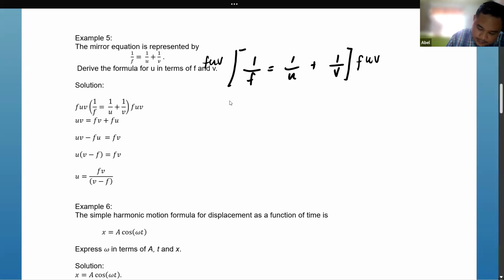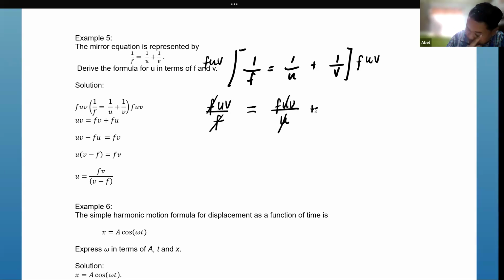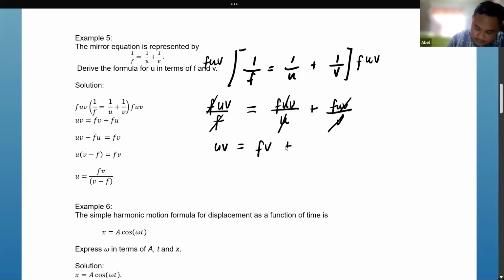And so multiplying this, we have fuv over f, so the f now will be cancelled. We also have fuv over u, and look here, the u will be cancelled. Plus we have fuv over v, and so the v will be cancelled. And so what is left here is uv equals fv plus fu.